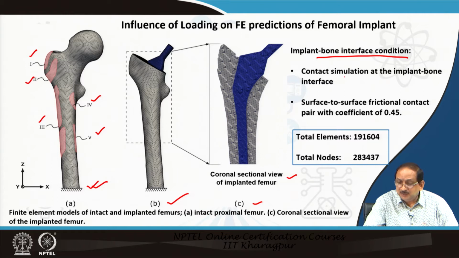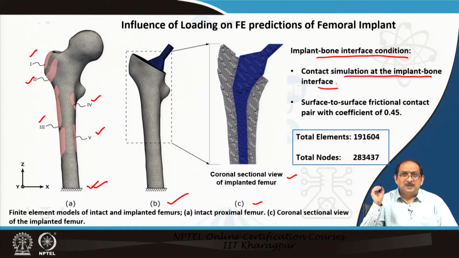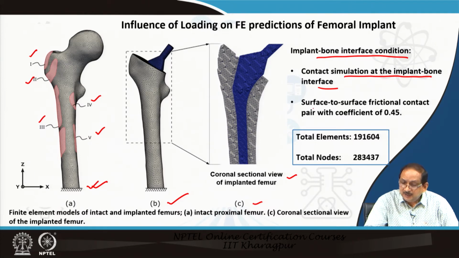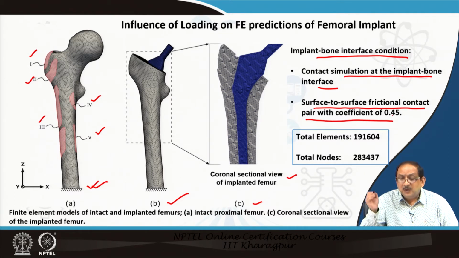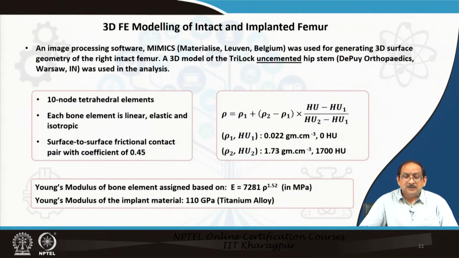Contact simulation at the implant-bone interface was employed using surface-to-surface frictional contact elements with a coefficient of friction of 0.45. The total number of elements was around 200,000. The 3D FE modeling of the intact and implanted femur was based on CT scan data.